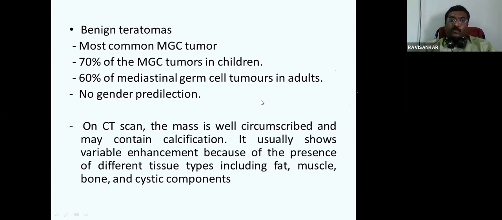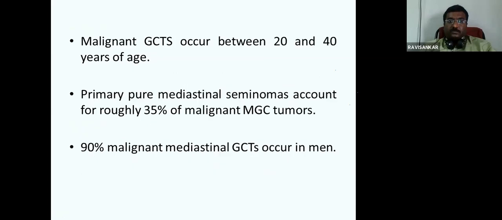Teratomas can have multiple different tissue types like teeth, fat, muscle, bone, or anything. Based on that, you can have calcifications. Malignant germ cell tumors usually occur between 20 to 40 years of age.